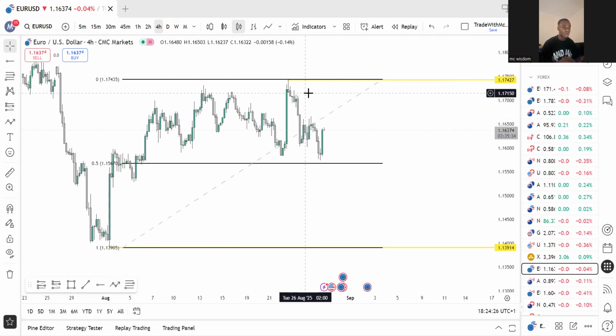That is to show us that for this market to continue the bullish movement, it needs to tap into this.